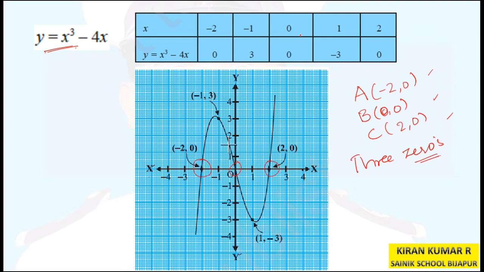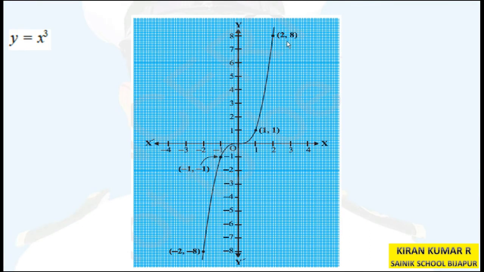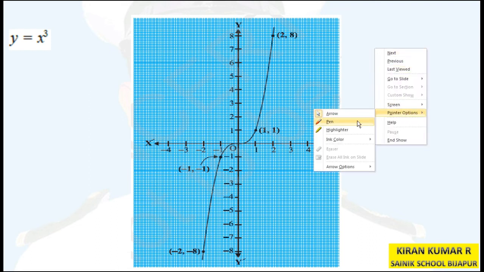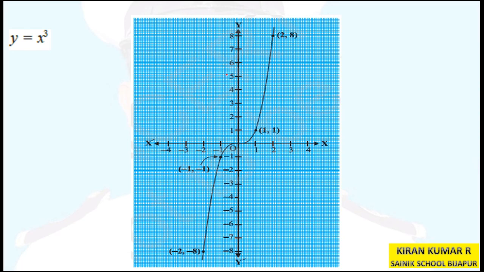In your examination, you will not be asked to plot the graph of either a quadratic polynomial or a cubic polynomial. Look at this next one. I have taken y is equal to x cube. In this particular case, at (0, 0) we have the curve meeting the x-axis.